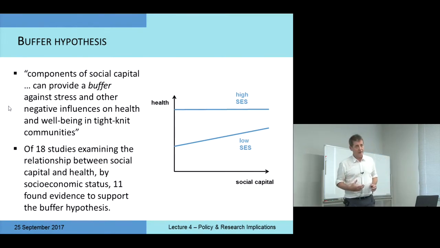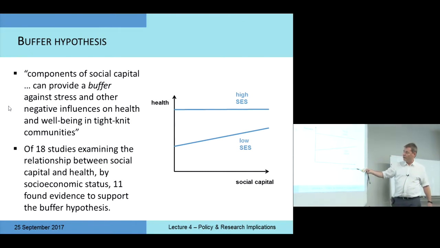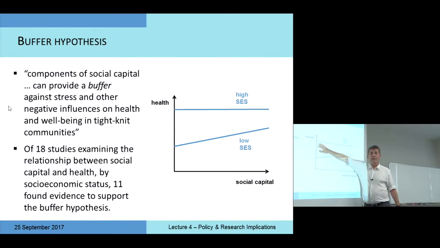And so what they're thinking of here is, if you imagine social capital being measured along the horizontal and health on the vertical, what they're suggesting is possibly there really isn't very much relationship between social capital and health if you belong to a high socioeconomic status group.